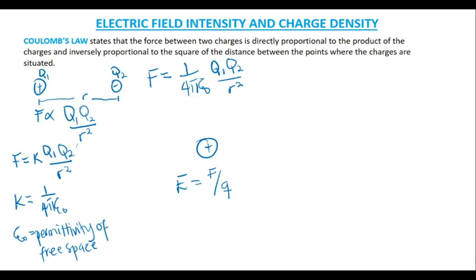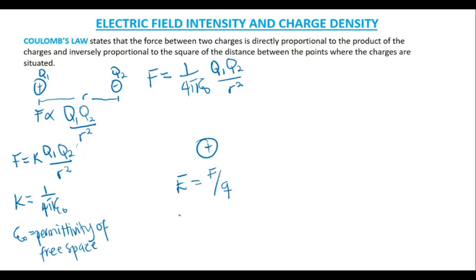Electric field intensity is defined as the force per unit positive charge which the charged body exerts at that particular point.